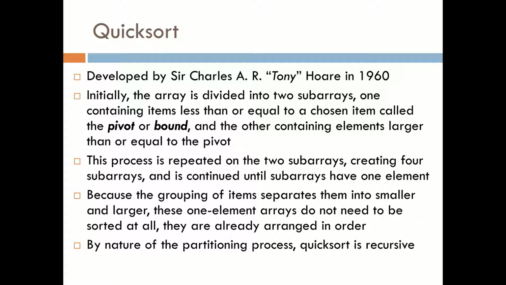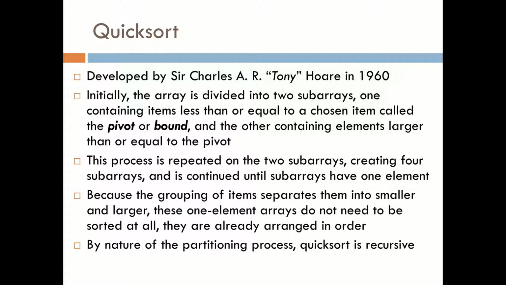Initially, the array is split into two subarrays. That should sound familiar because that is what happens in merge sort, except that we don't just split the array into two equal halves in this case.